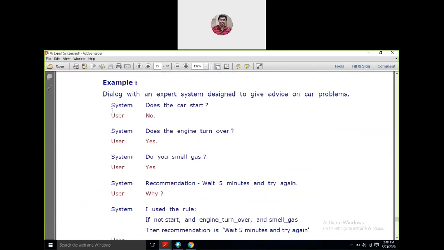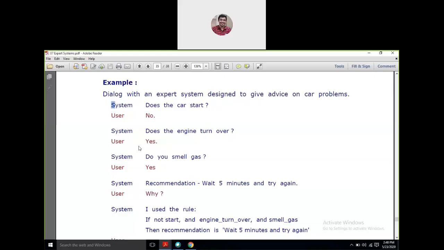Now, what the system does is it initially asks a question: does the car start? Then the user says no. This is how a typical expert system interacts. The second question the system asks is, does the engine turn over?